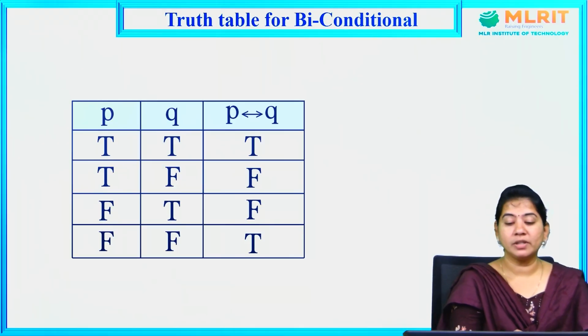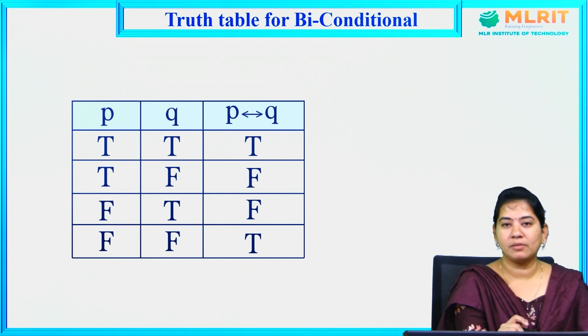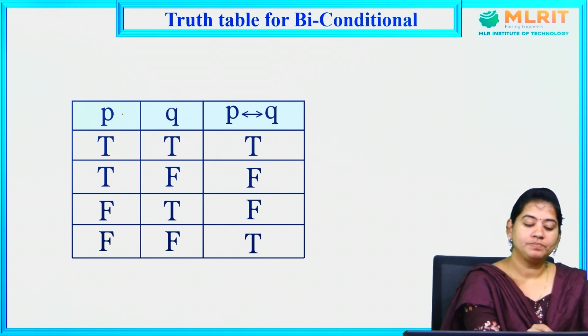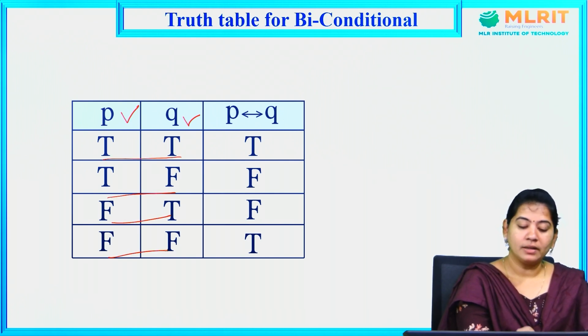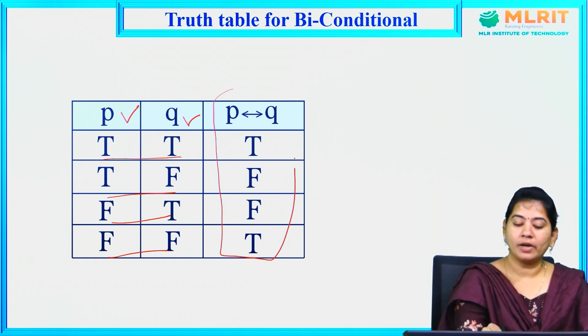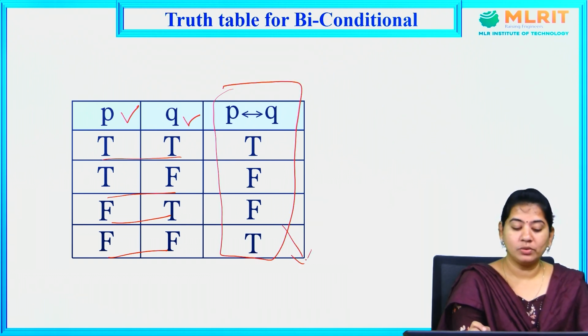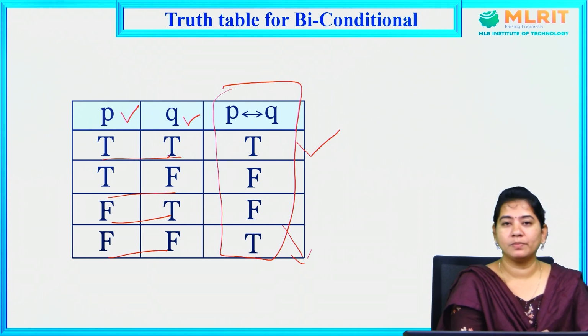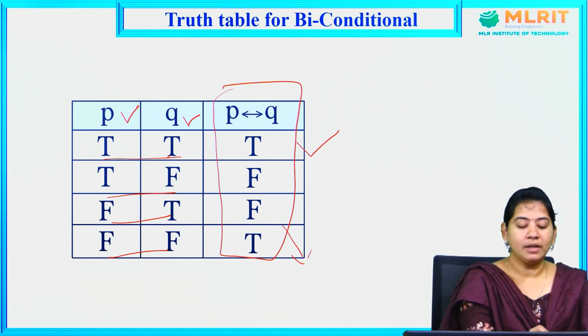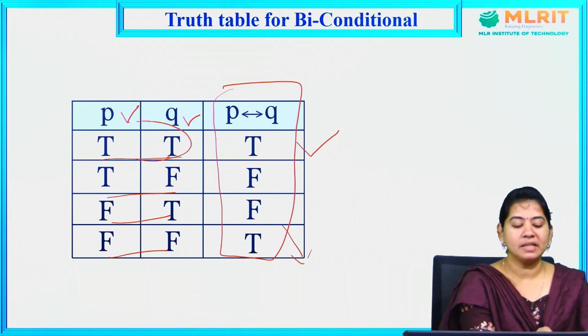Next, let us go for the truth table of the biconditional statement. P is a statement, Q is another statement, and we have the four possible combinations, and at last the resultant truth value. The condition for the resultant truth value is: if both statements are the same, the resultant truth value becomes true.